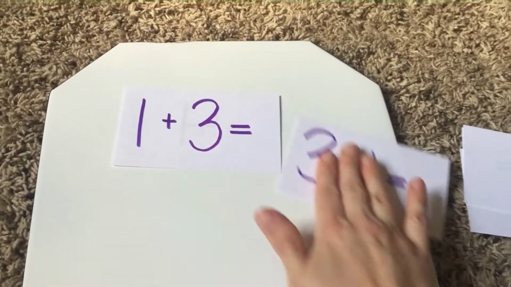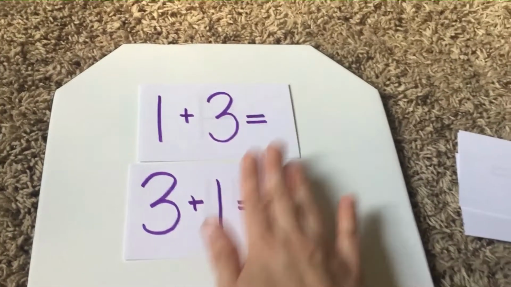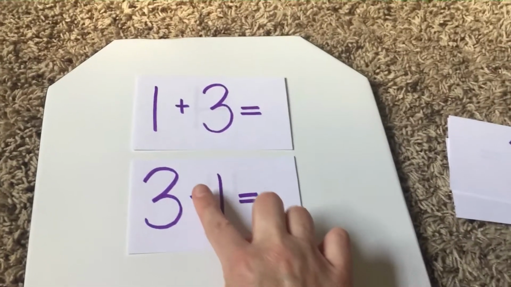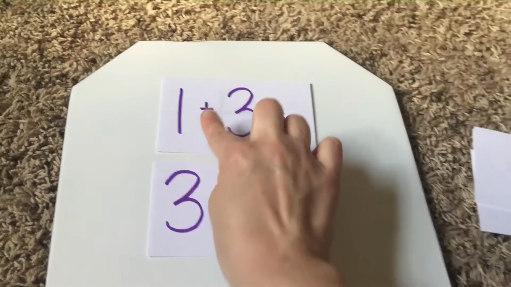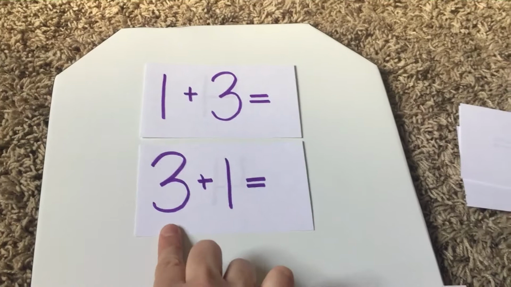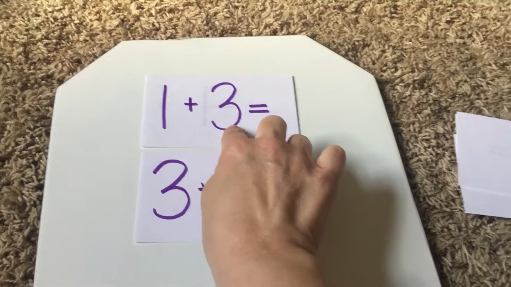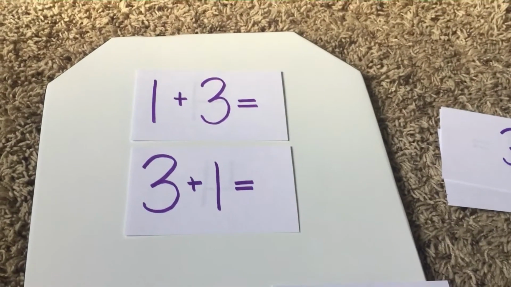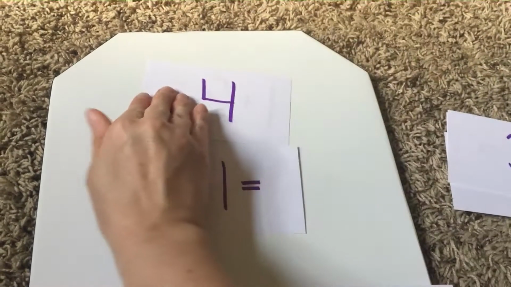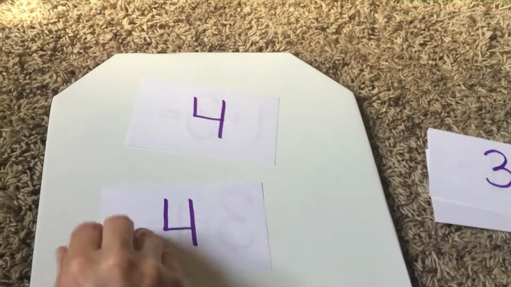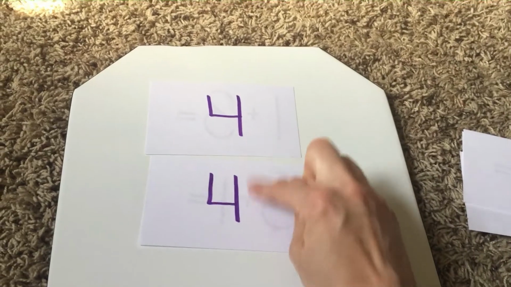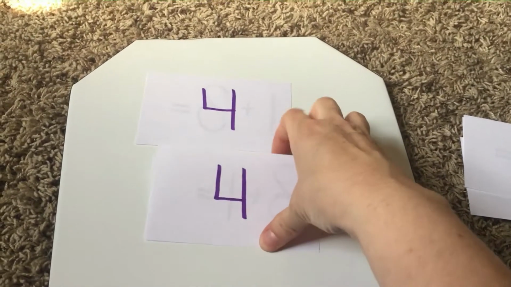Again, these equations are just flip-flopped. 3 and 1, 1 and 3. Again, the and sign or symbol means add some more. So start with 3 and 1 more. What would that be? You're right, 3 and 1 more, or 1 and 3 more, is the same as 4.